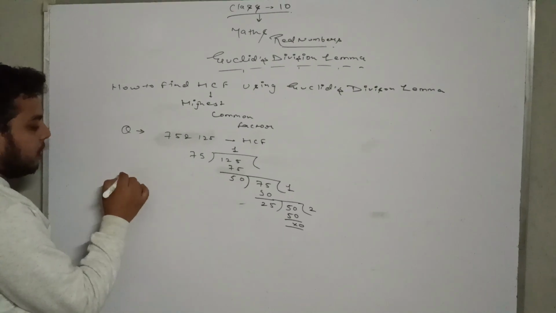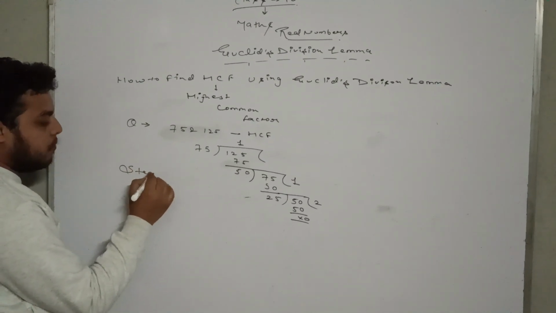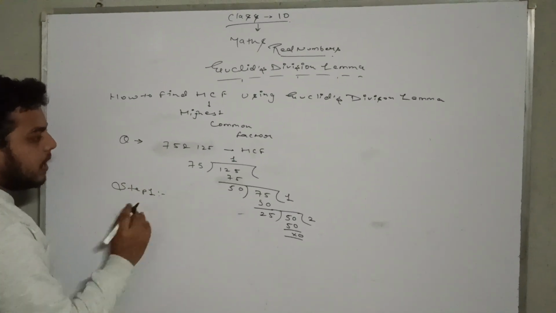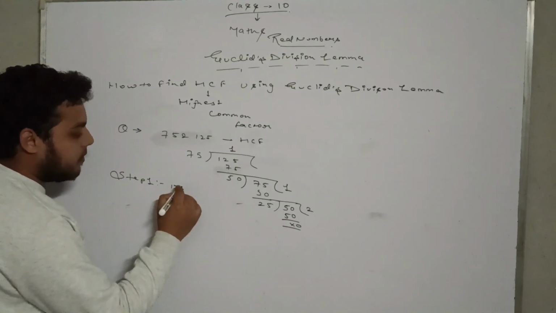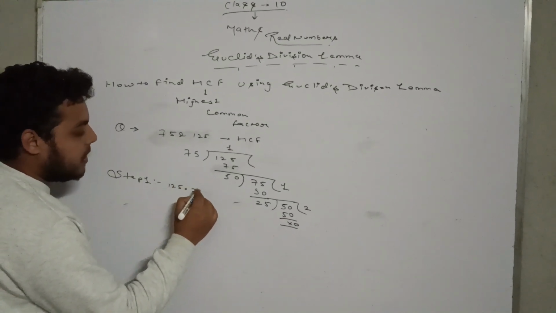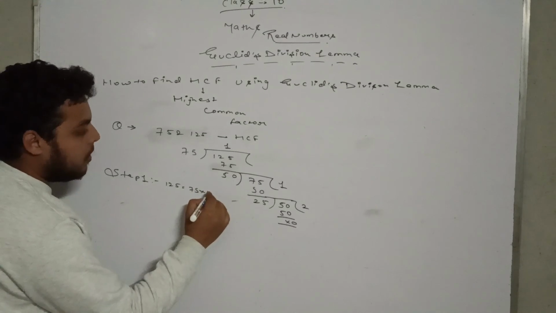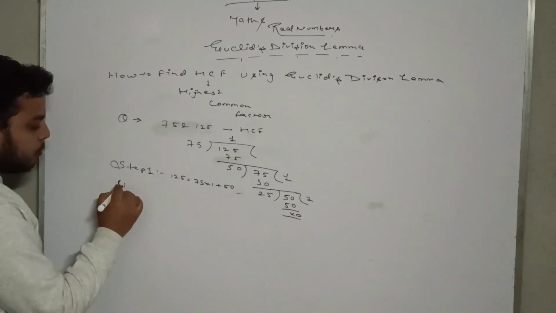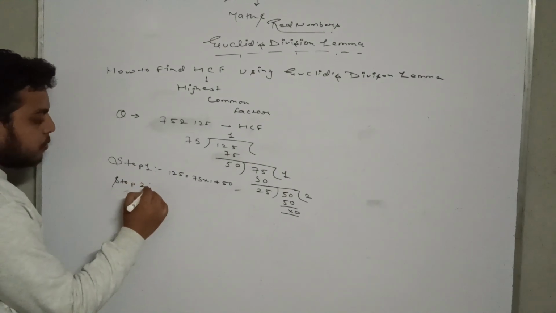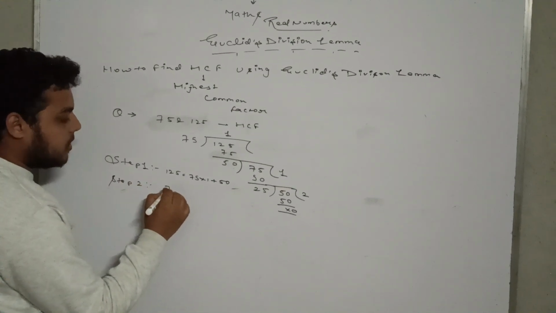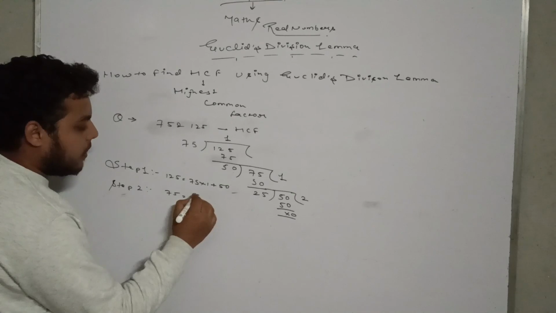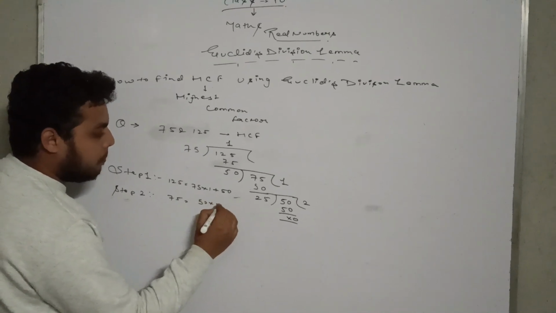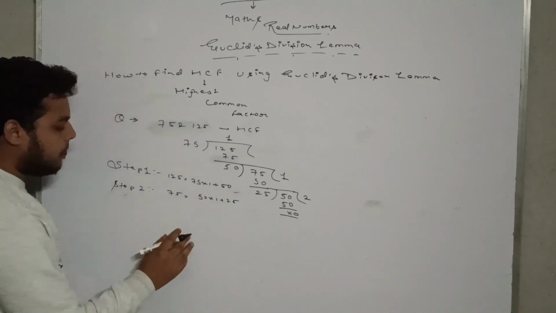So for step 1, I can write 125 as 75 times 1 plus 50. For step 2, I can write 75 as 50 times 1 plus 25.